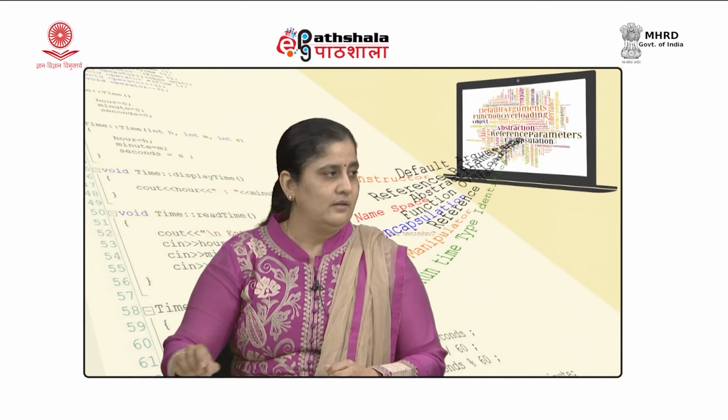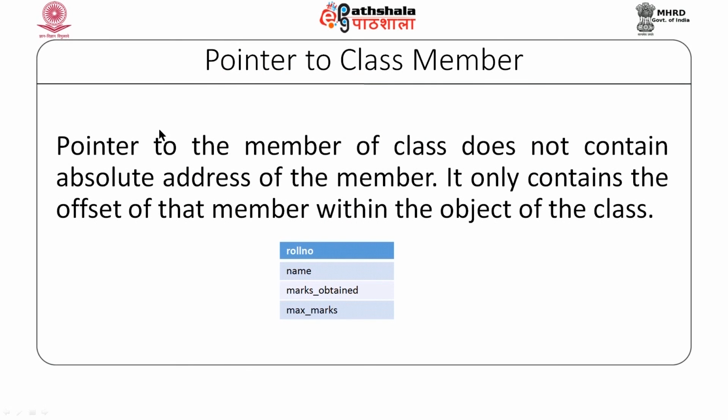Let me explain it more precisely. A pointer to the member of a class does not contain the absolute address of the member, it only contains the offset of that member within the object of that class. Now, what do we mean by this offset? See, if I declare a variable of type student which has 4 data members, roll number, name, marks obtained and max marks, this much memory will be allocated to that object.